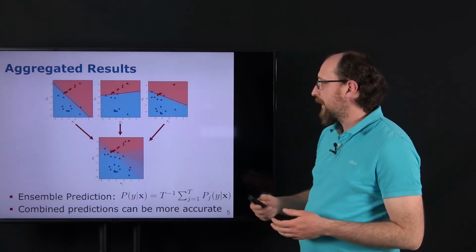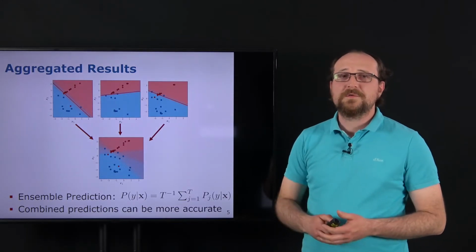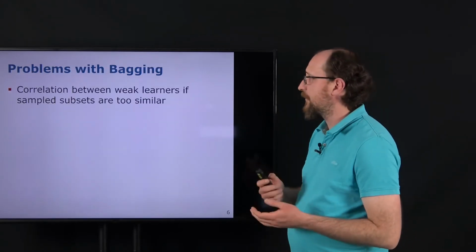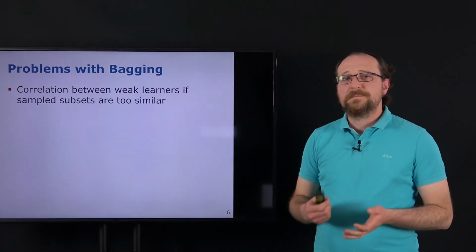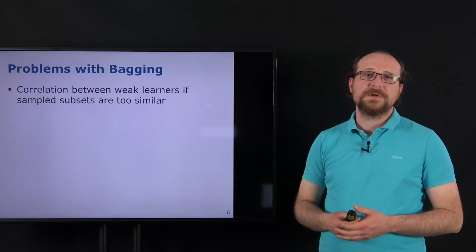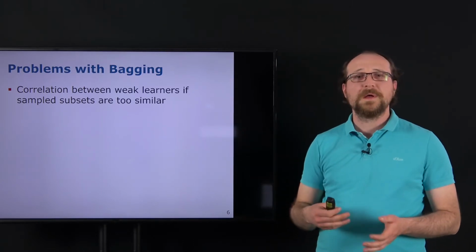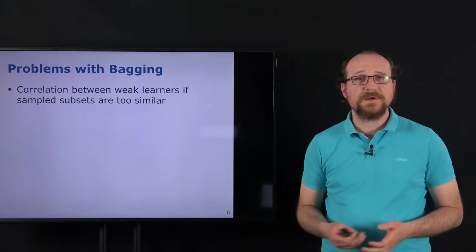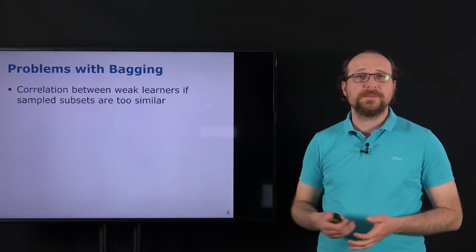But this Bayesian approach is maybe not the right way to do it, and there are certain reasons why this maybe does not always work. There are certain problems with the Bayesian approach. We get correlated weak learners when the sample subsets are too similar. In the case that we discussed before, there were only very few training examples, but you can imagine that when you have many more training examples, each of the sample subsets is maybe not so different from the others.